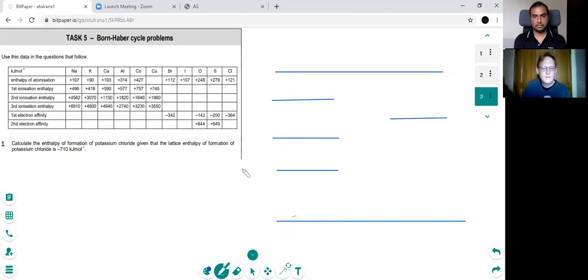Okay, so for potassium chloride, it's given us the lattice enthalpy of formation of potassium chloride. So that is the formation of the ionic compound from its ions in their gaseous state. So the ions of potassium chloride are K plus and Cl minus.